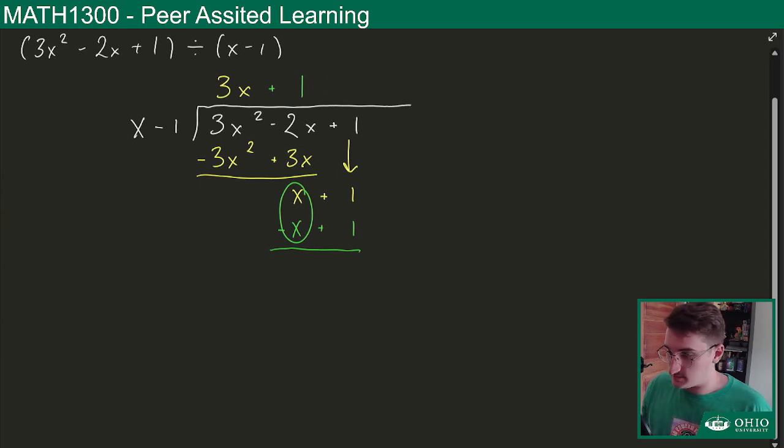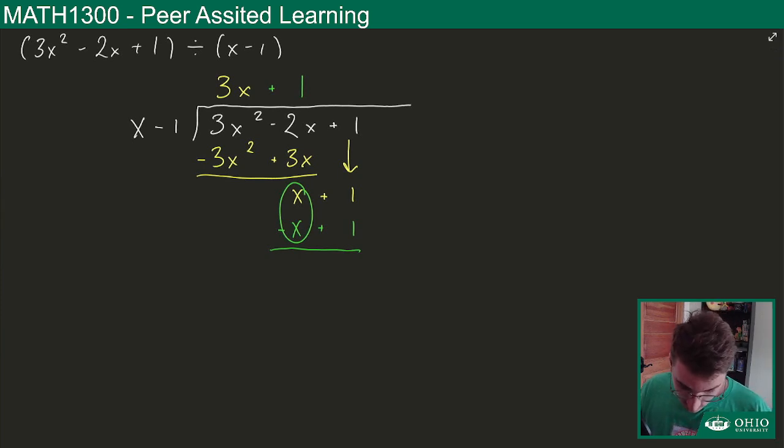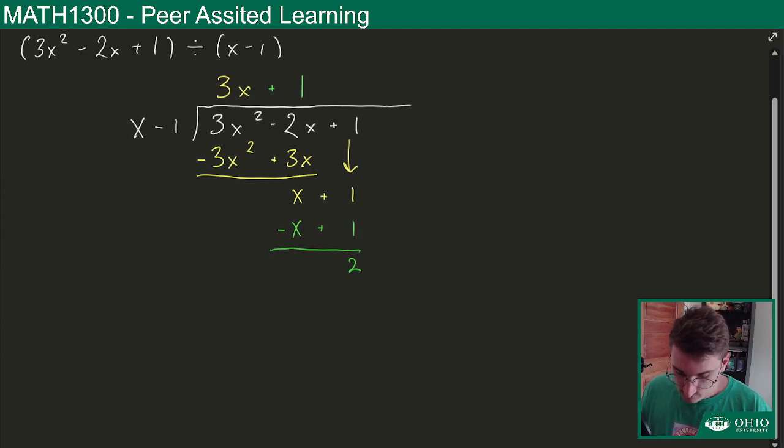There's no guarantee that the other things will cancel nicely, but as long as you have that first column canceling perfectly, you'll know you made the right choice. And so again, x plus negative x is of course 0, and then 1 plus a -1 is going to be 2. And so we're not quite done yet.